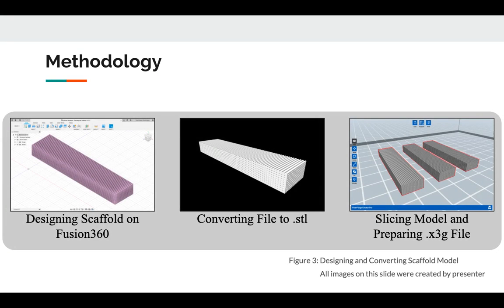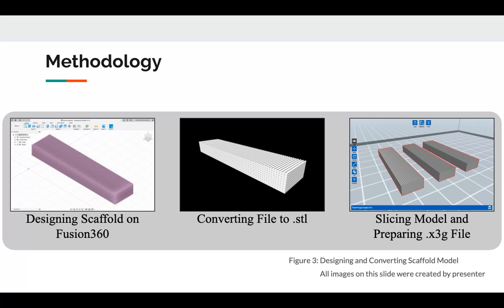So first I had to design the scaffold on an application called Fusion 360. I transferred and converted the file into a .stl file, which is a type of 3D modeling file. And this was then sliced using another application, and it was prepared as a .x3g file.